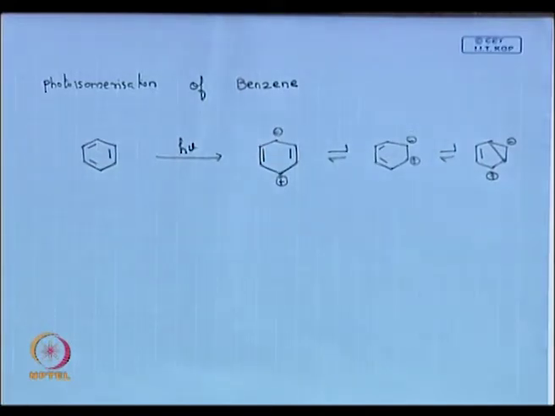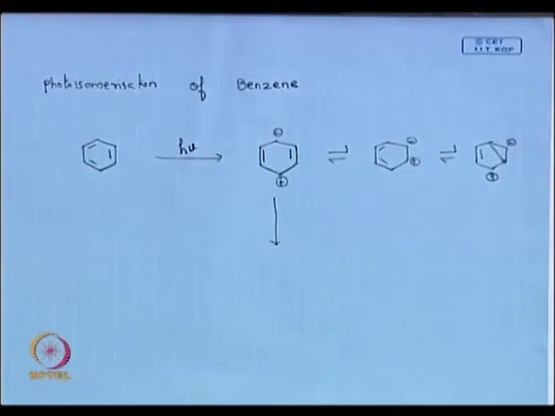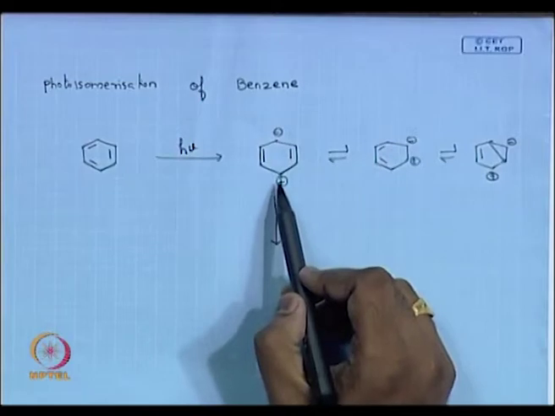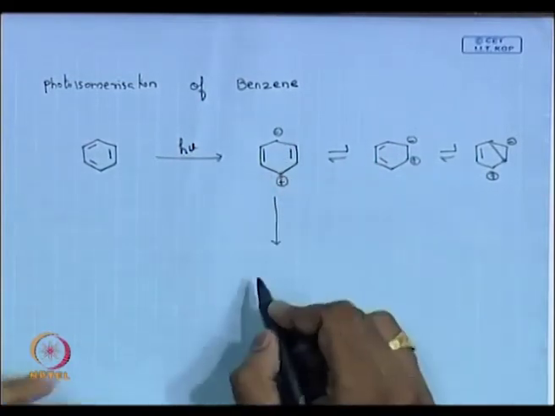Maybe it can exist as benzene when you just shine light. Fine. So, what happens here? What can happen? Now we get minus plus. You can have a bond here, right? I can draw a bond.